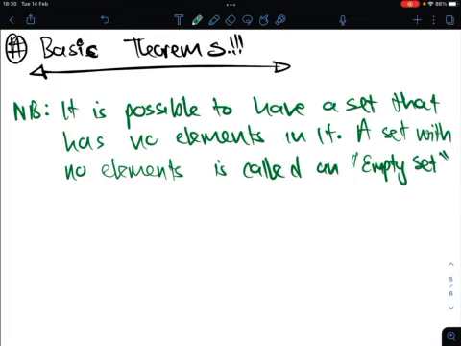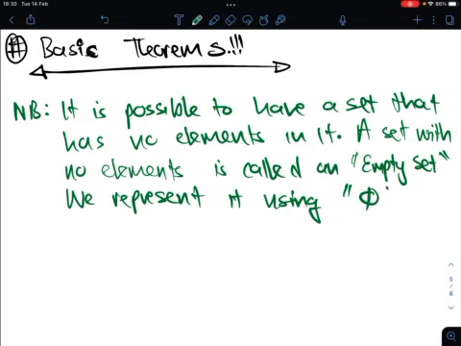Every time we have a set with no elements in it, we refer to that as an empty set, and the symbol for an empty set is a 0 with a slash on top of it. If you want to refer to a particular set as being empty, that's the symbol that we use.